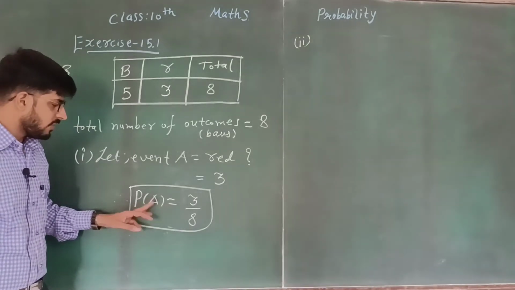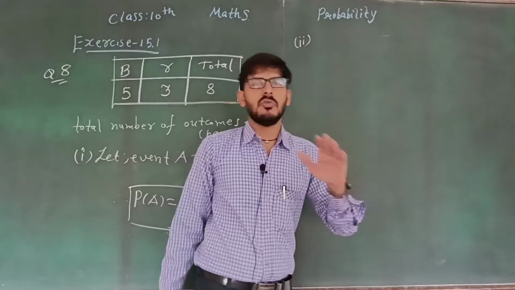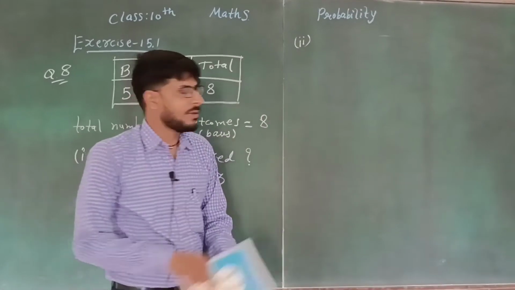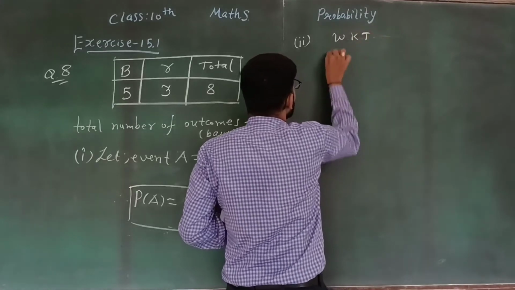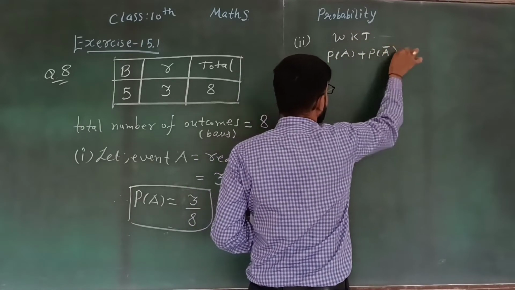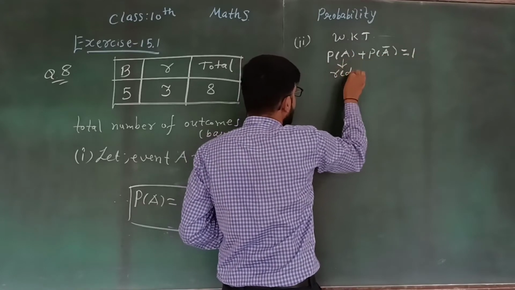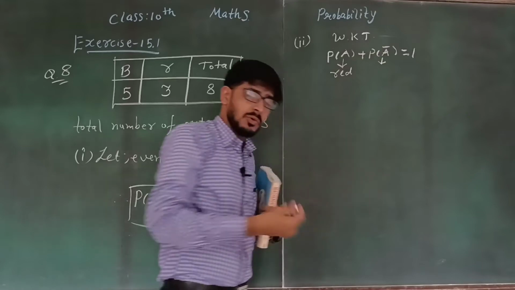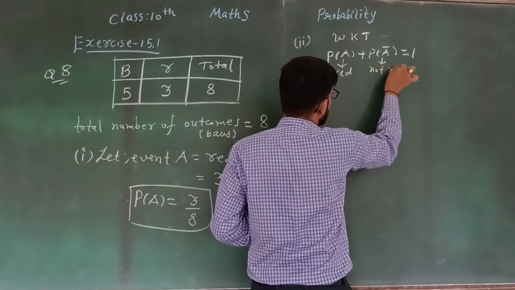We can find it by using one formula: P of A plus P of A bar is equal to 1. Here P of A gives the probability of red ball and P of A bar gives the probability of not red ball.